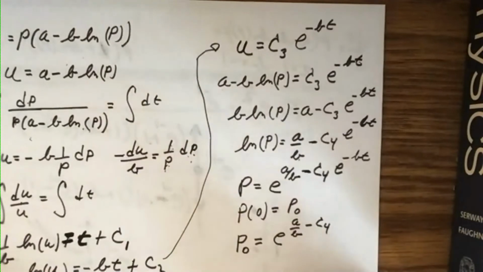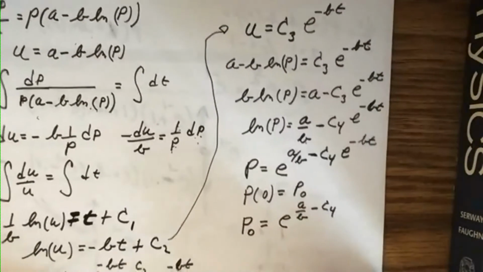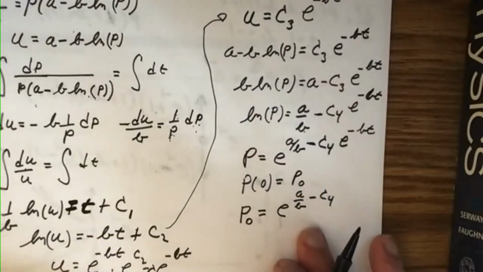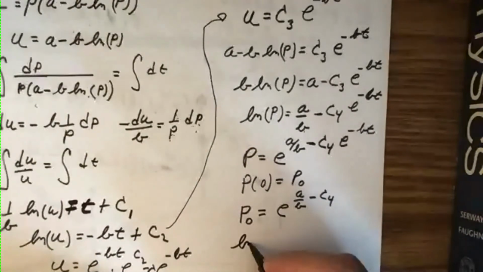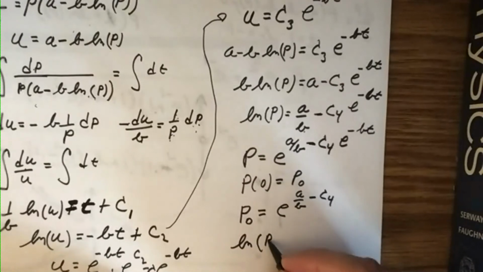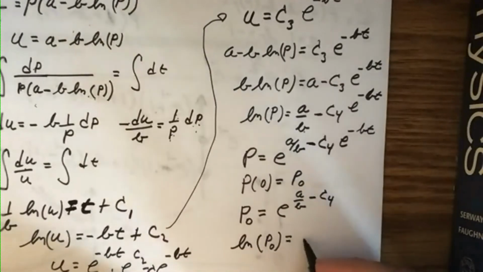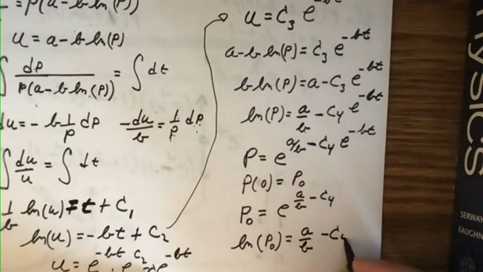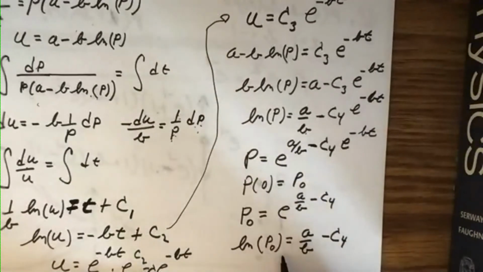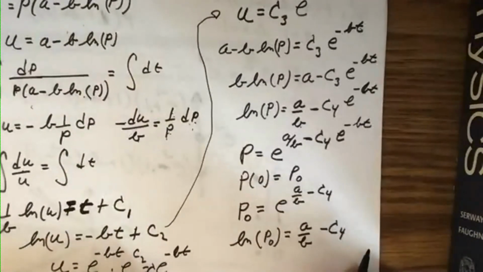Okay. So let's see. Now I can take the log of both sides, right? So I get the natural log of P0 is equal to a over b minus C4, right? Okay, so now I got what C4 is.